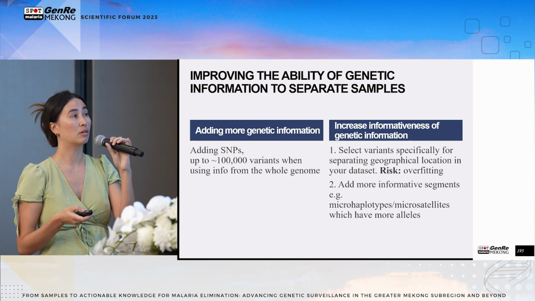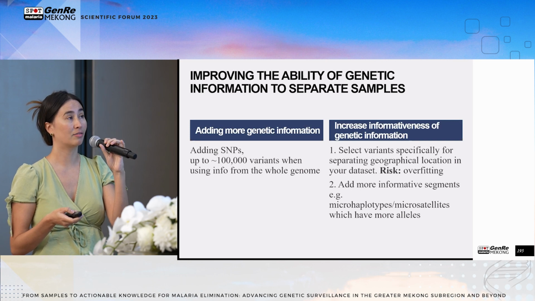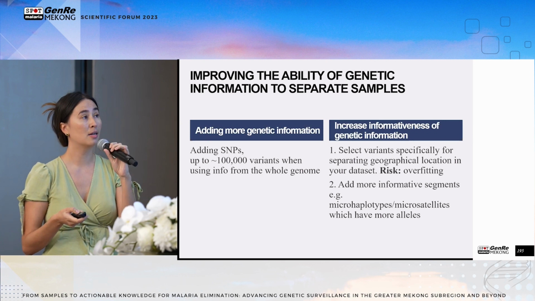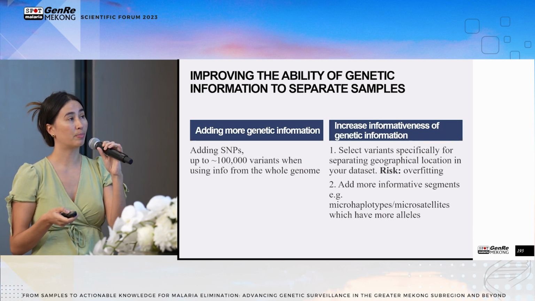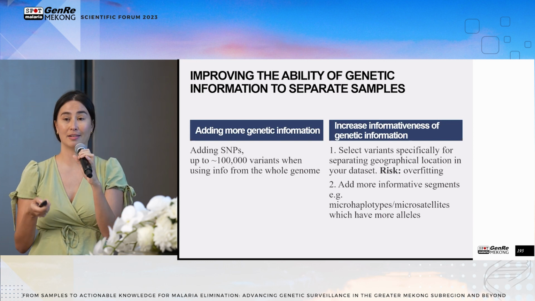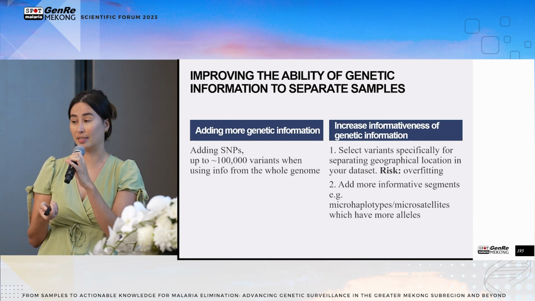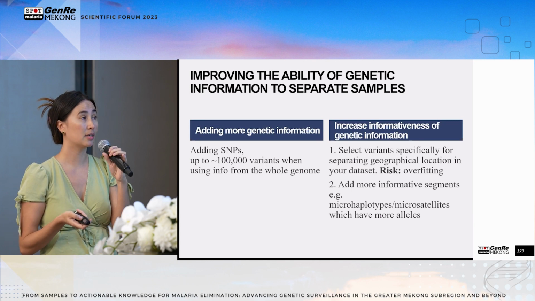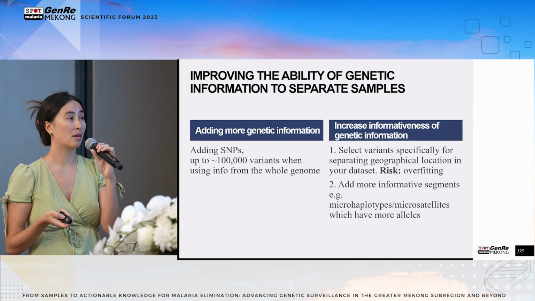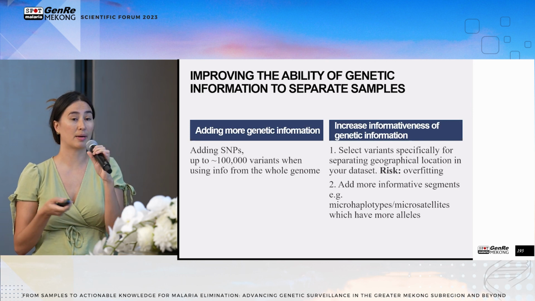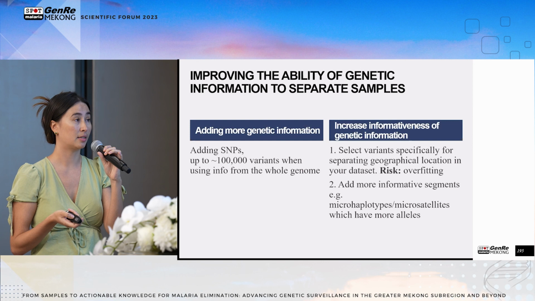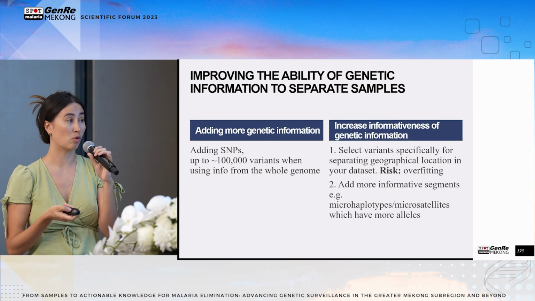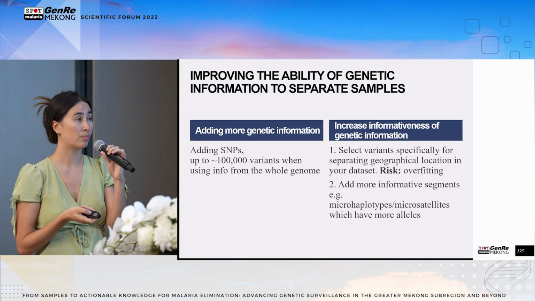So one option would be to select variants that do specifically well for separating samples based on geographical location in your data set at hand. However, the risk then is that you would get overfitting. Another option would be to increase the informativeness of the segments you use by using, let's say, microhaplotypes, which have more alleles, more variants per segment.